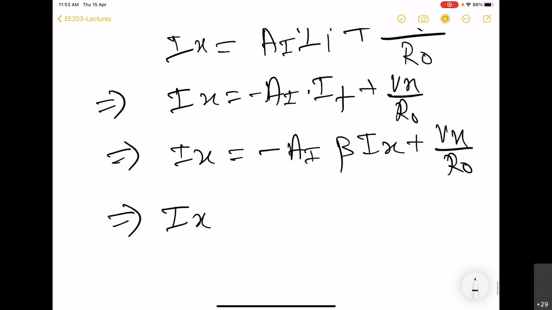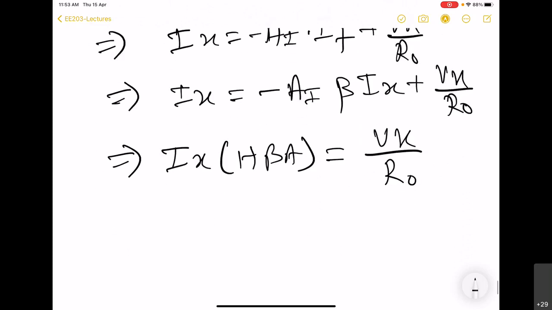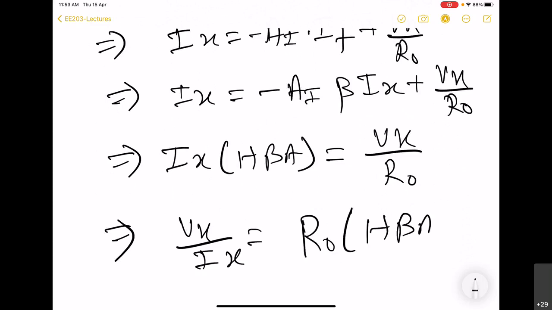So here we have Ix into 1 plus beta A is equal to Vx by Ro. So Vx by Ix is equal to Ro into 1 plus beta A.